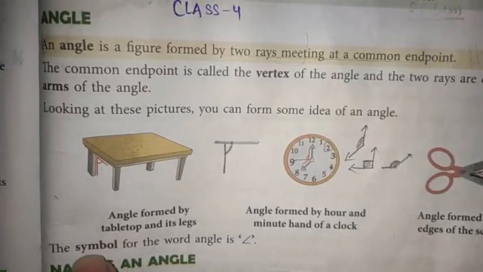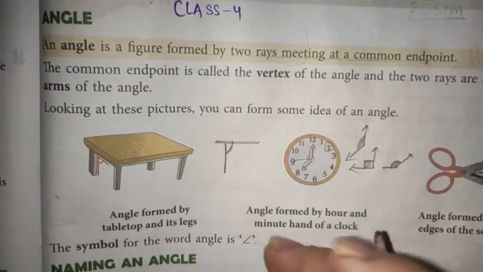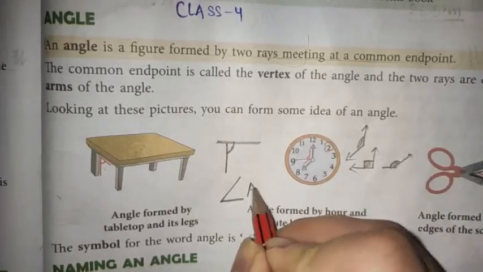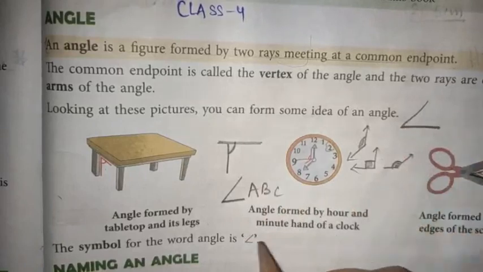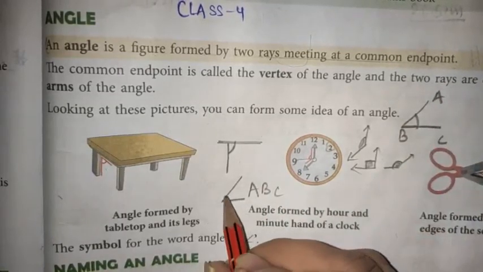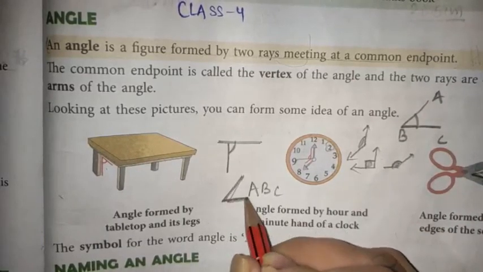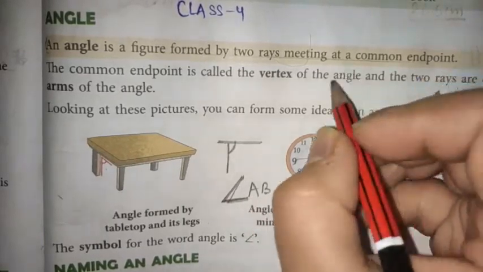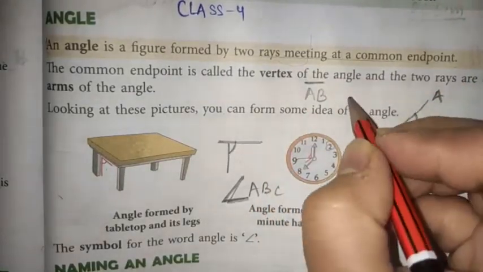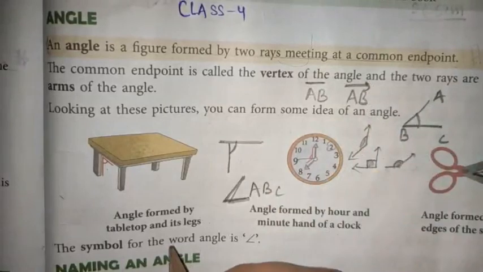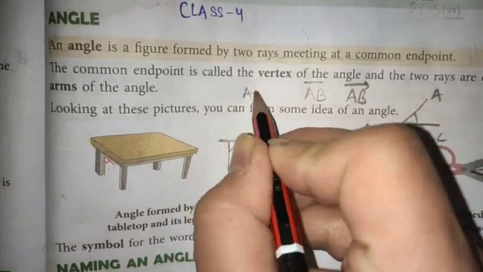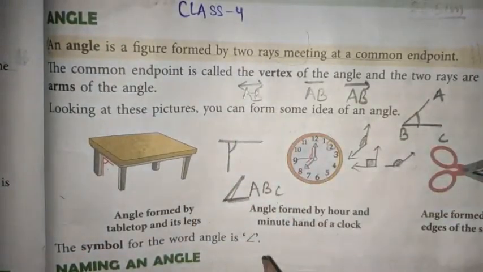There is a symbol to represent an angle. If you have to represent an angle ABC, first you write the angle symbol. Earlier, for a line segment AB, ray AB, and a line, there were different ways of representing them.